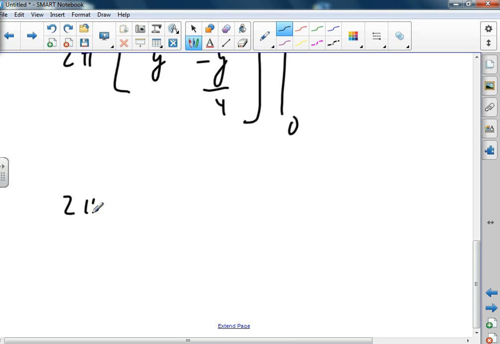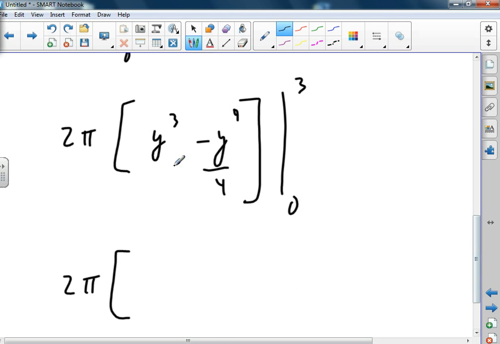I got 2 pi, 0 is 0, so that's good. 3 cubed is 27 minus 3 to the 4th, which is 81 over 4. So I got 27 minus 81 over 4, 6 3/4 times 2, 13 1/2 pi.